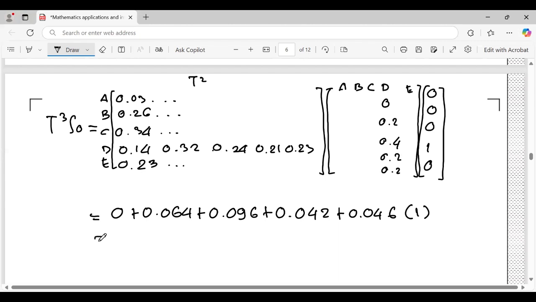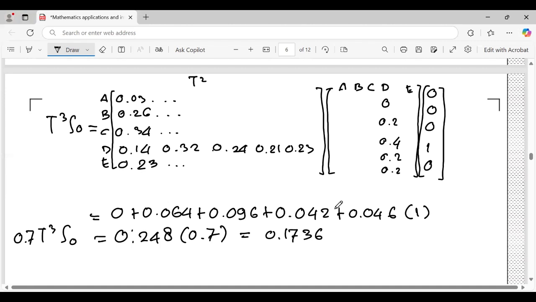And if you calculate, the result is 0.248. But we're going to calculate 0.7 times T cubed as the state matrix, it means times 0.7. So the result is 0.1736.